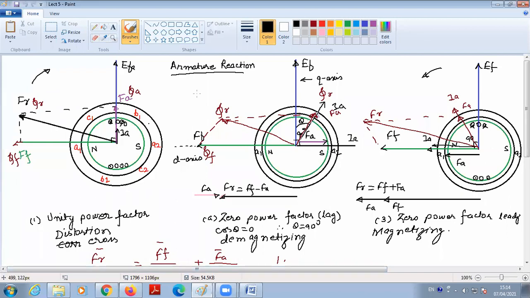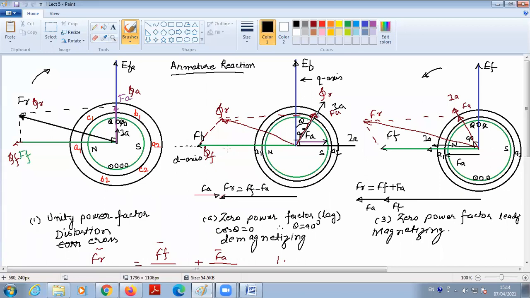Now in the second case, zero power factor lagging, the current is lagging by 90 degrees with respect to the EMF. So again it is a similar two pole machine, and it is field flux FF, or it may be represented by phi F, the flux produced by the field winding.